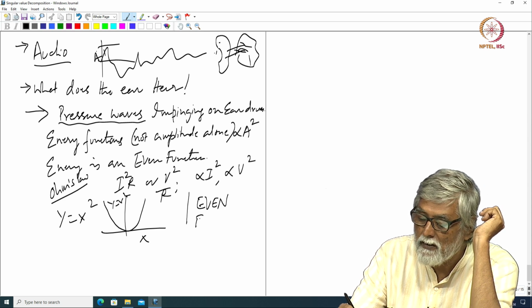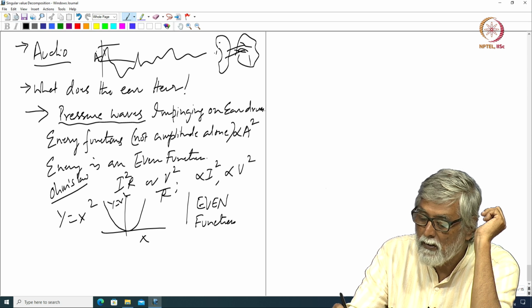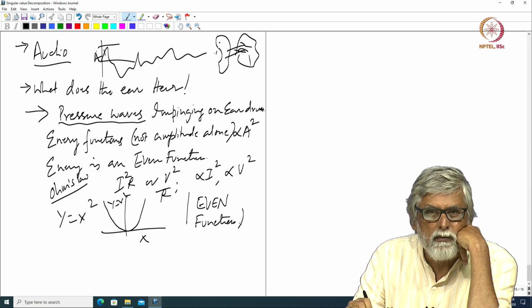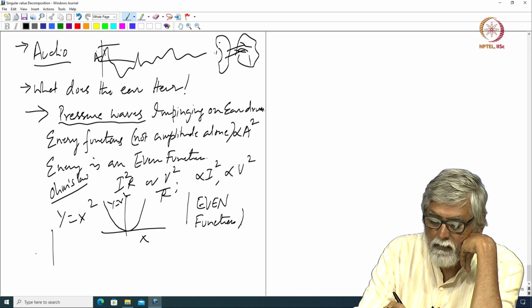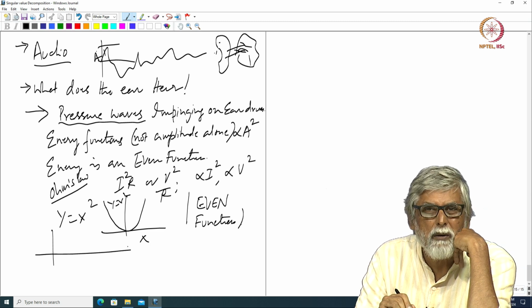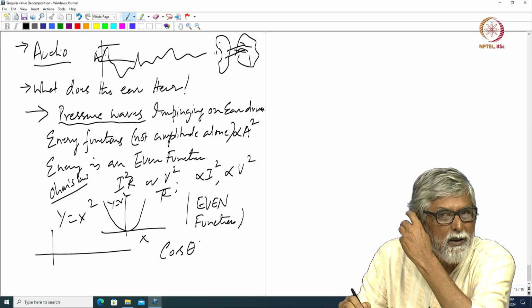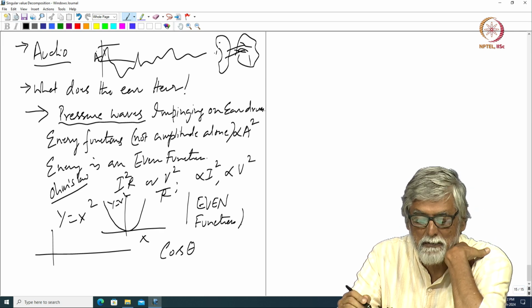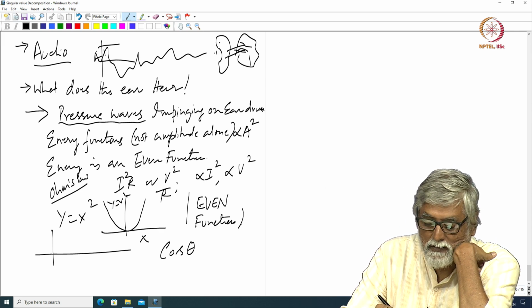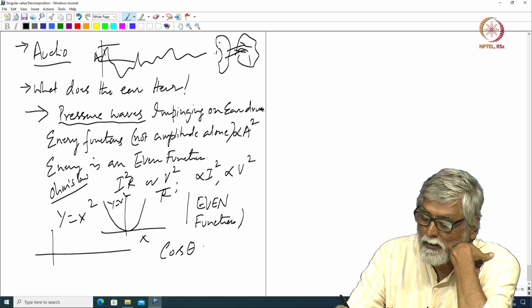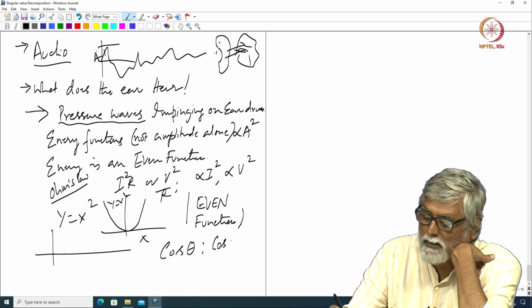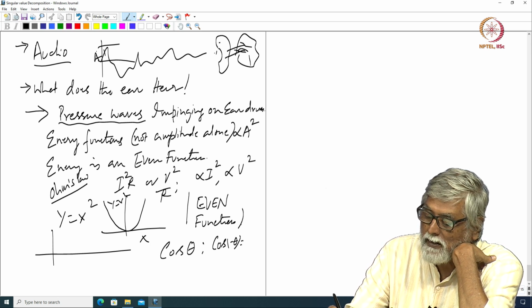Even function. What about the cos function? Cos theta. How does cos theta look? Cos of minus theta is cos theta.